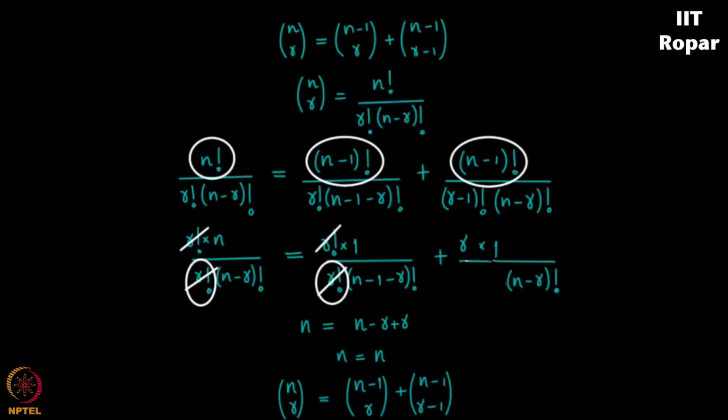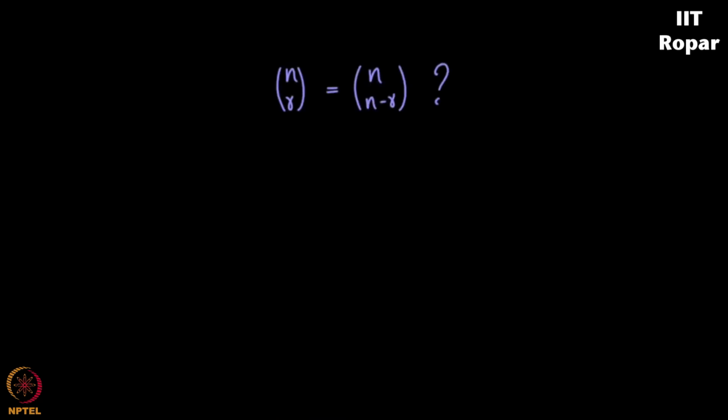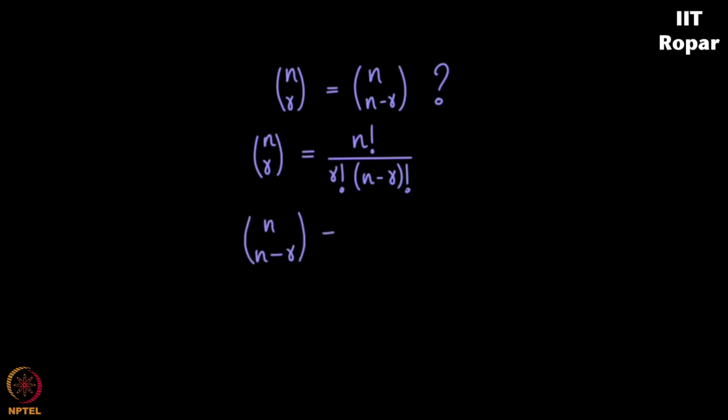So how do we show that n choose r is equal to n choose n minus r? Right? In a very mathematical way. So what is n choose r? Factorial n divided by factorial r into factorial n minus r. Correct? But what is n choose n minus r? It is n factorial divided by n minus r factorial times n minus of n minus r factorial.